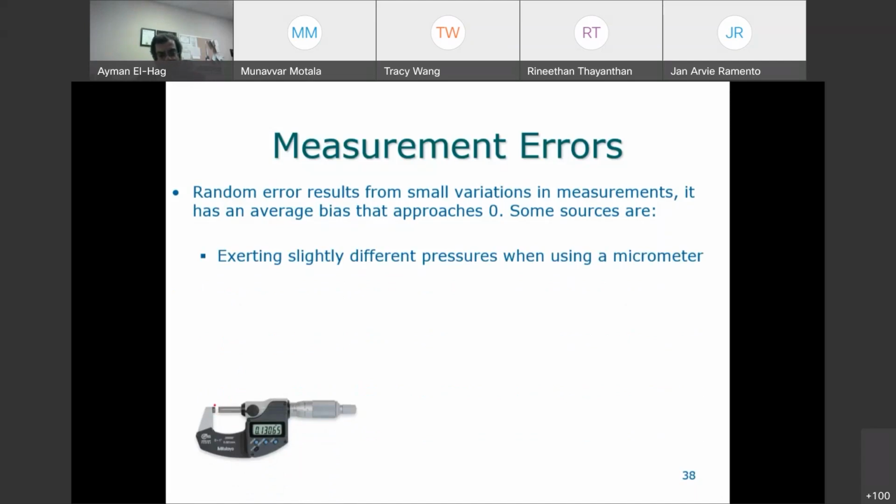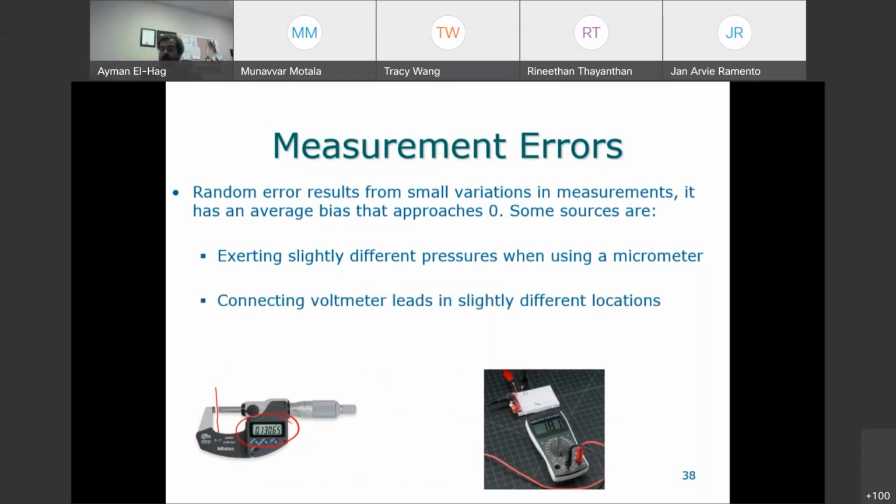So you put the object between these two terminals here, and then you press on it and take the measurement from here. Now, if you press too tight or too loose, sometimes tight, sometimes loose, then you will get different measurements. This is random, especially if you are not an experienced person doing this measurement.